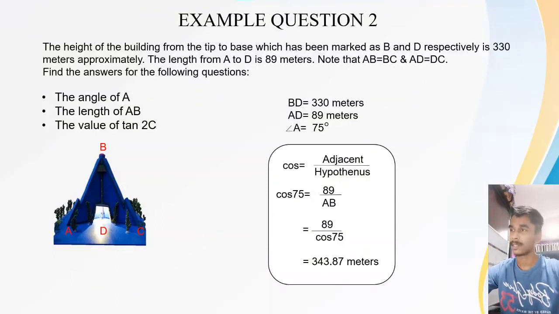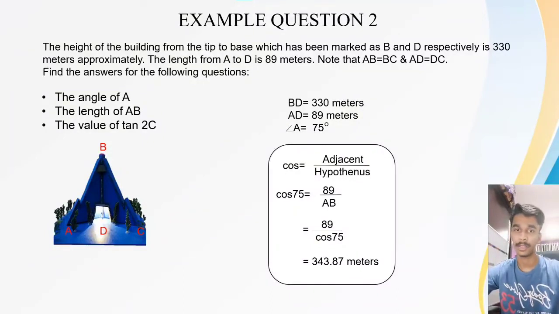Now the second question is to find the length of AB. In order to find the length of AB, we can use either sine or cos. We can use sine because the formula of sine is opposite over hypotenuse. We already have the value of opposite, which is BD, and the value of theta, which is 75 degrees. If we substitute the values, we can get the length of AB.